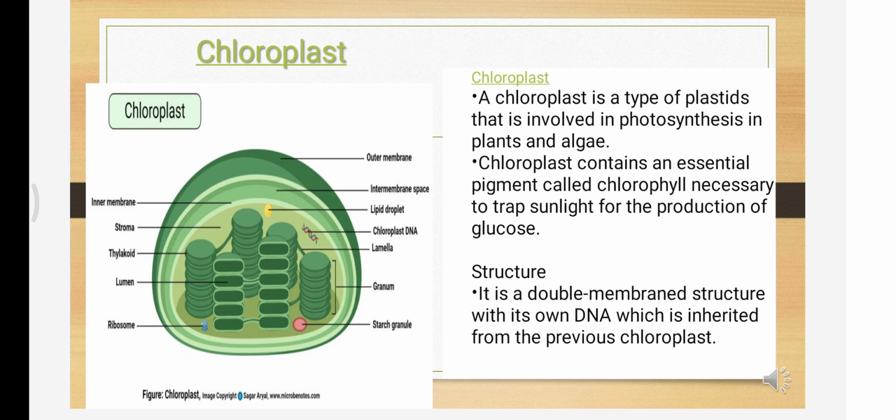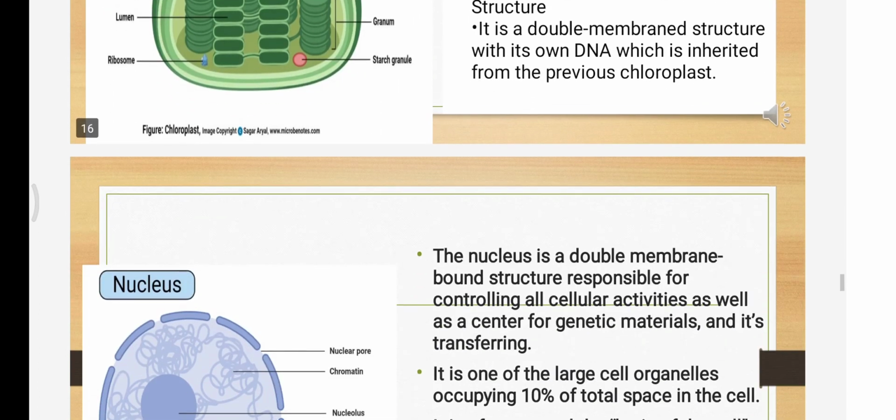Chloroplast contains an essential pigment called chlorophyll necessary to trap sunlight for the production of glucose. Structure: it is a double membrane structure with its own DNA, which is inherited from the previous chloroplast.